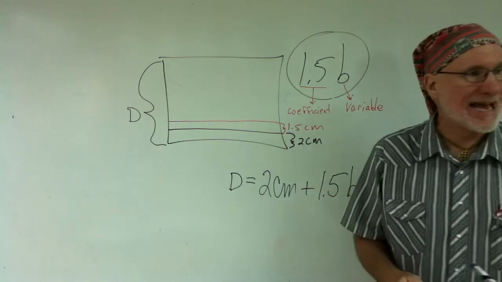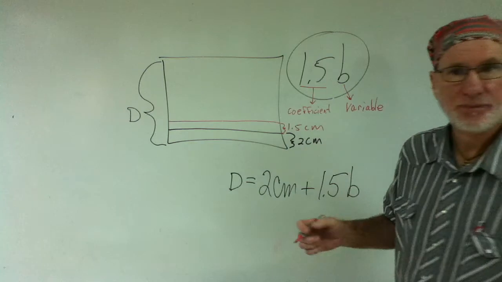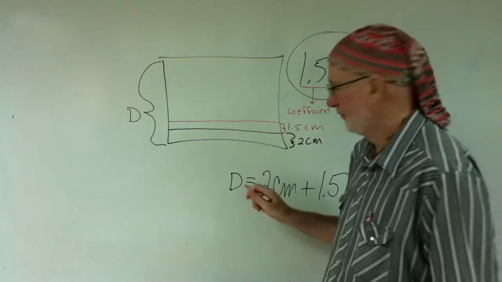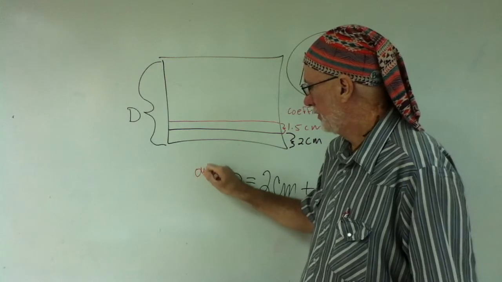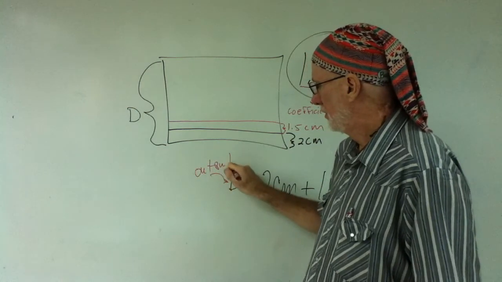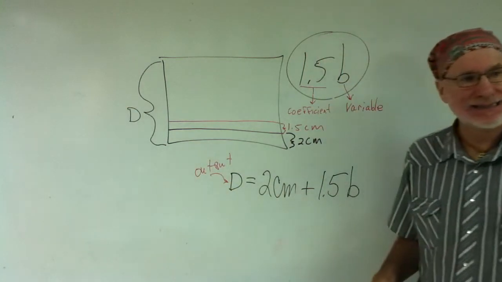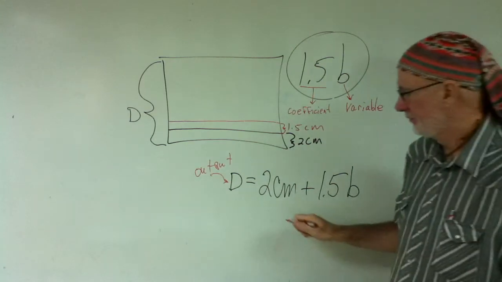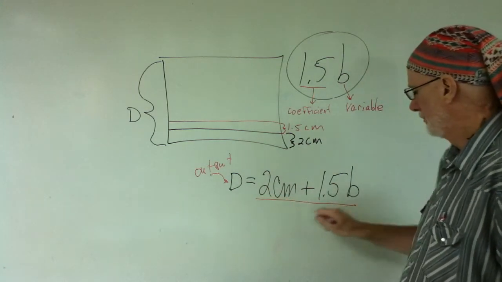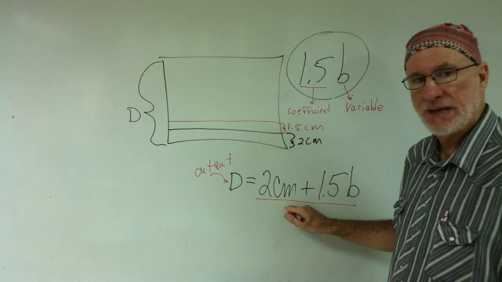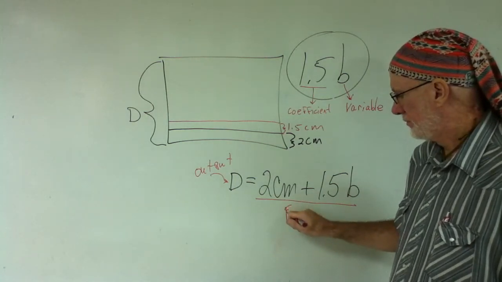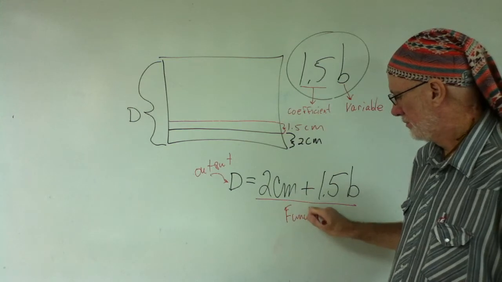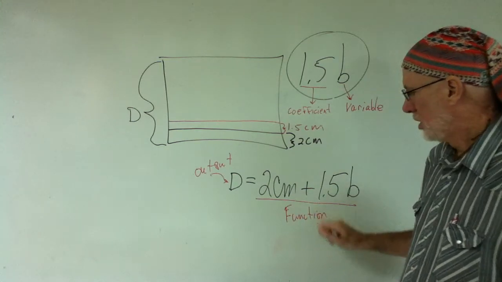What's the output? D. Output. What is the function? Right? Yes or no? What's the pattern?